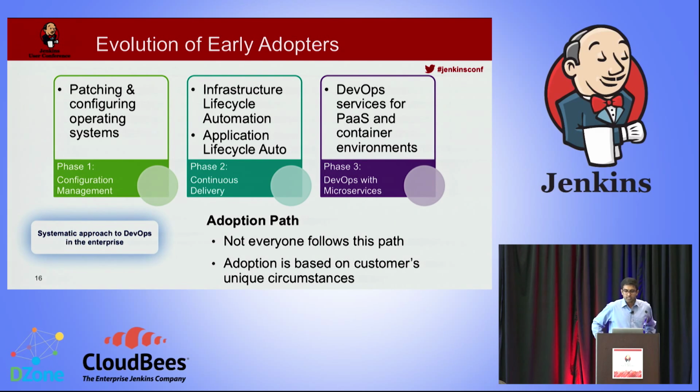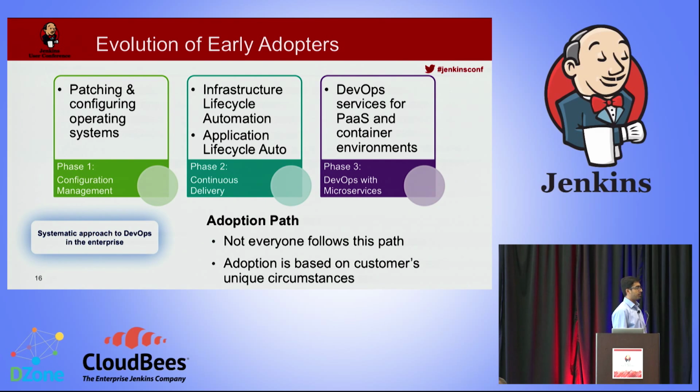So where does the evolution of DevOps actually start? It's pretty much with the existing work stream, starting with how to automate the existing patching and configuration of operating systems and configuration management. Then, looking into continuous delivery, it starts with automating the provisioning of infrastructure and providing it on demand.